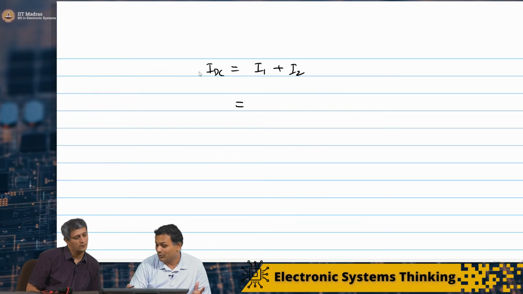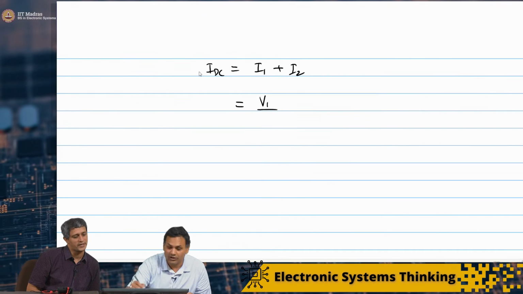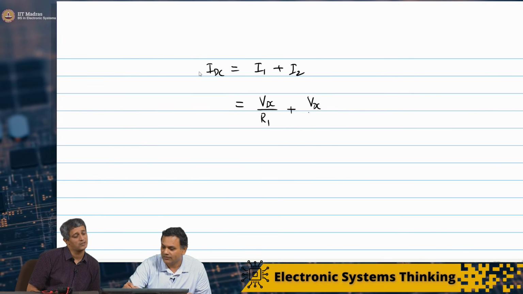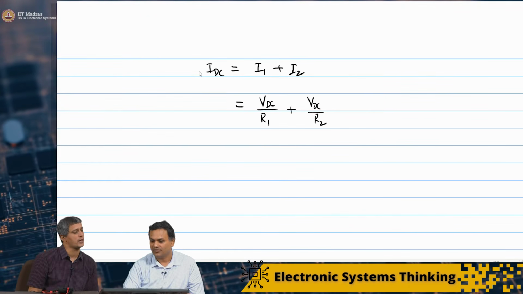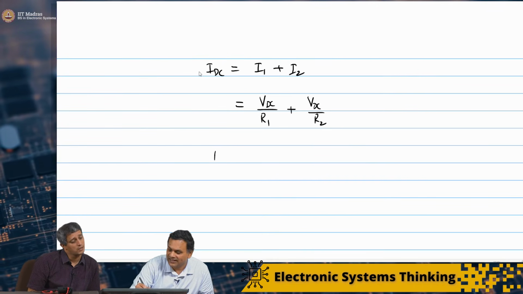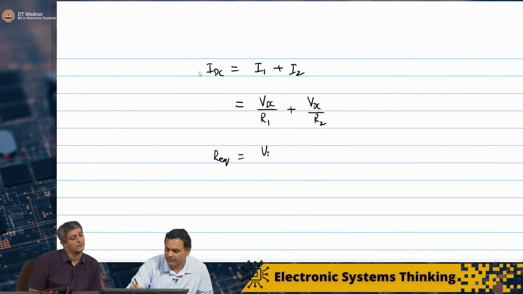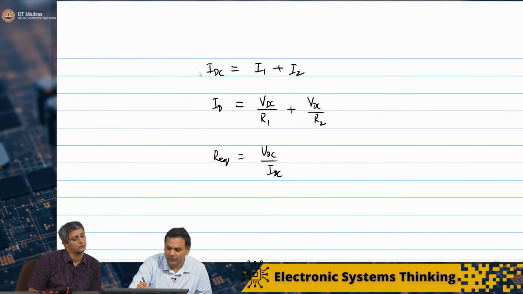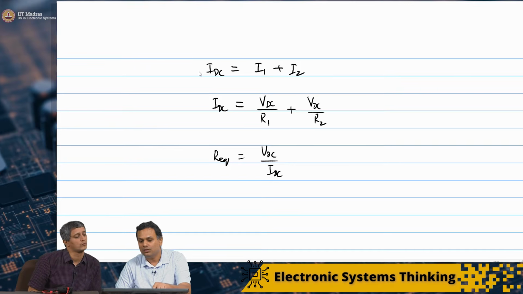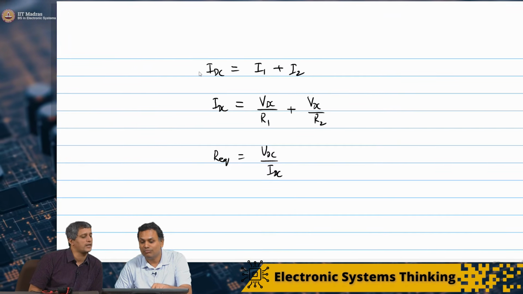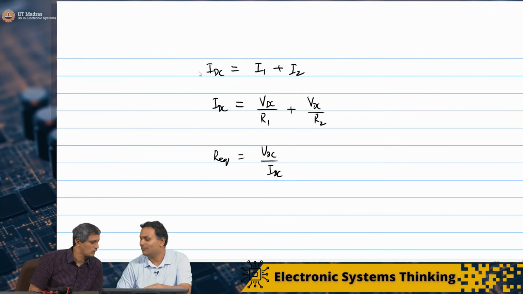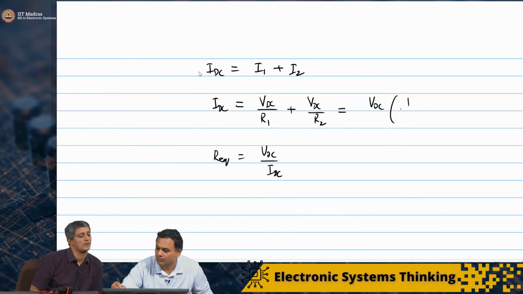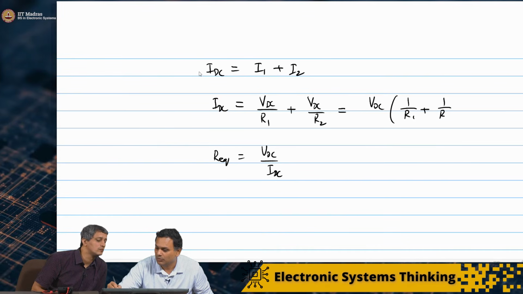We know I1 is nothing but VDC by R1, and I2 was VDC by R2. Now we said that R equivalent is VDC by IDC. We somehow need to get that from this equation. I'll write it like this: 1 by R1 plus 1 by R2.